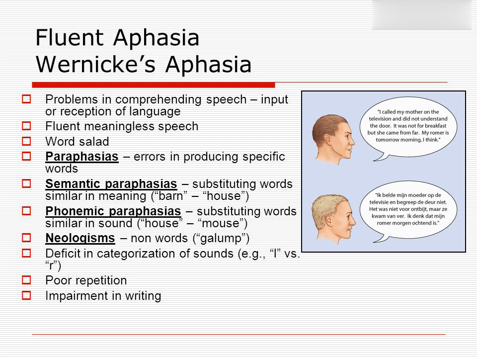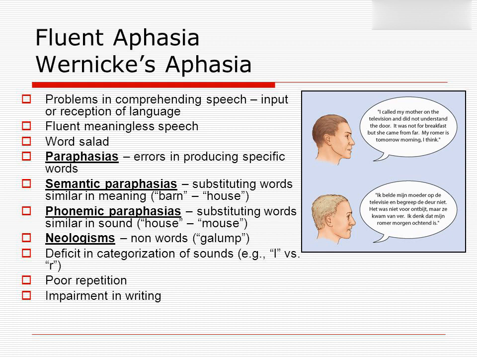Paraphasias, errors in producing specific words. Semantic paraphasias, substituting words similar in meaning: bun, house. Phonemic paraphasias, substituting words similar in sound: house, mouse. Neologisms, non-words, for example galump.